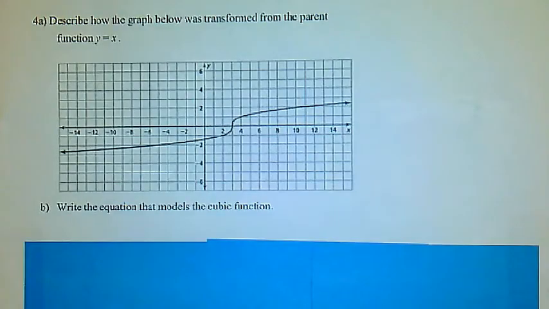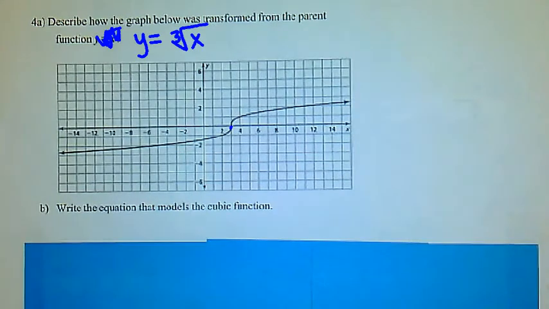Okay, the last example problem we have today, and this should be a cubic function. So you're talking about the parent function, the cube root. All right, so what we want to figure out, so we see that this is cubic just by the general shape, and then I want to see where it translates over.